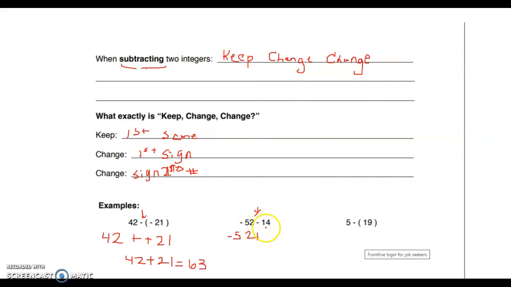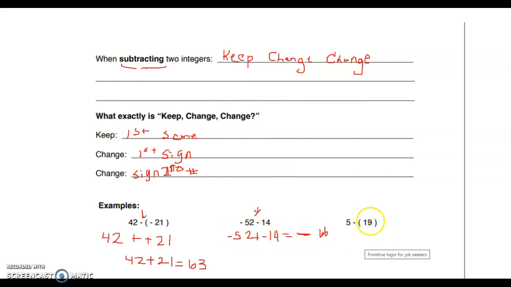That negative goes with the 14. So I change the positive 14 right here, I make it negative. Keep, change. Okay, so this is really saying negative 52 minus 14. We know two negatives just makes a bigger negative, right? We're going to keep the sign like before, and then we just add the numbers. 52 plus 14. Well, that is going to be negative 66.